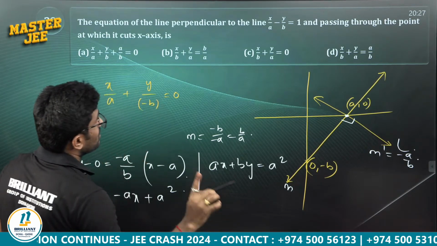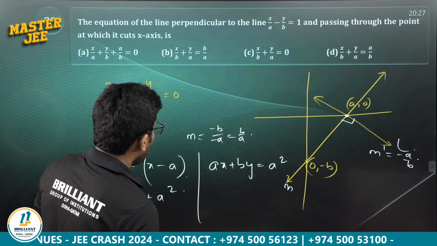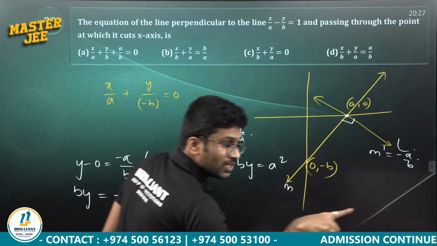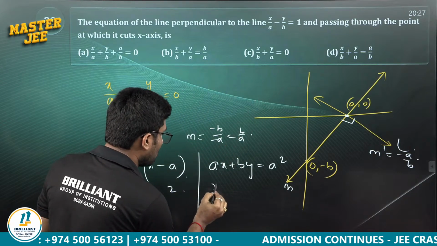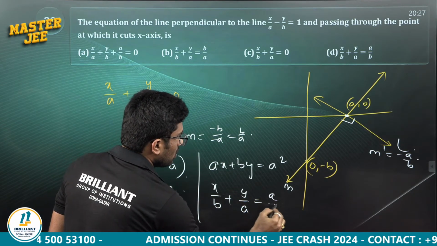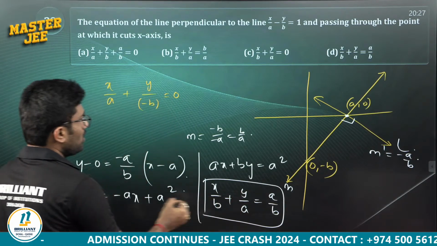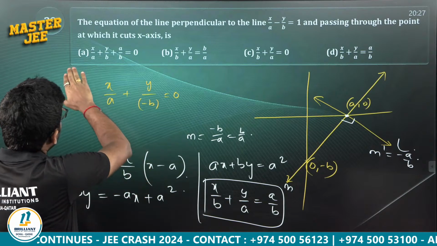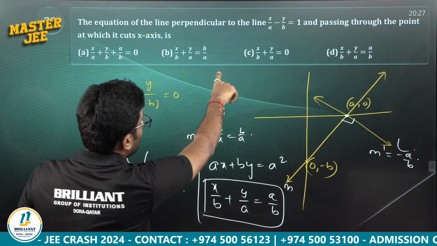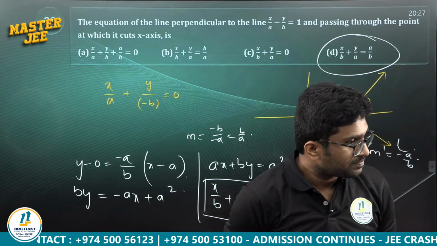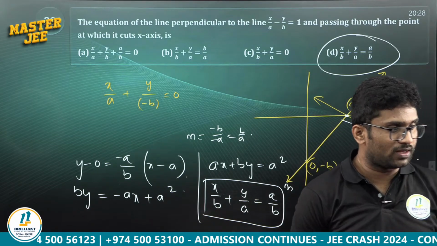Just divide both sides by ab. What do we get? x by b plus y by a is equal to a by b. Option D it is. Very good Ashmita, very good Narendra.